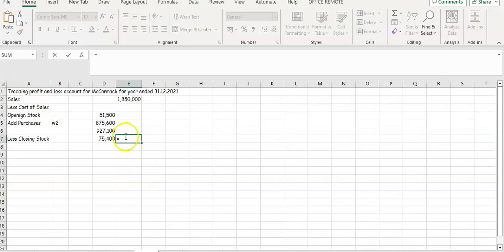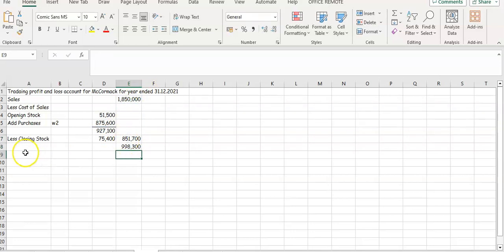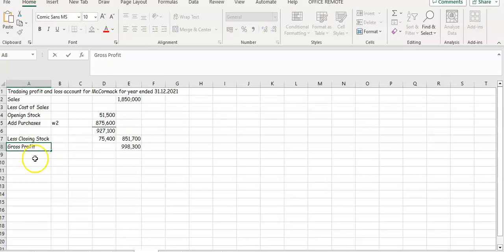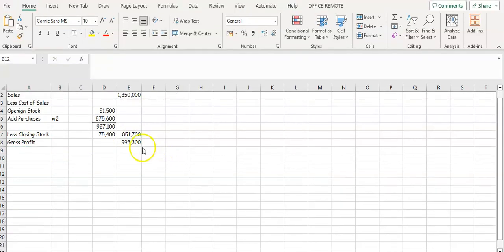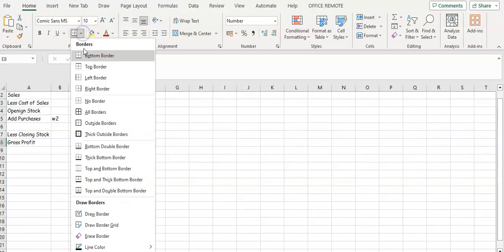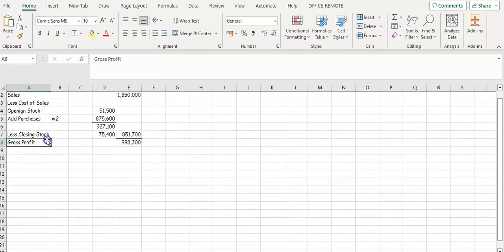I'm going to take them away from each other. And then that figure I'm going to take away from our sales. And that's going to give us our gross profit. That's going to give us 998,300. So that's our gross profit.